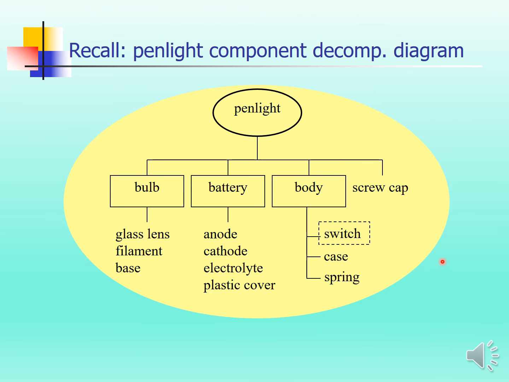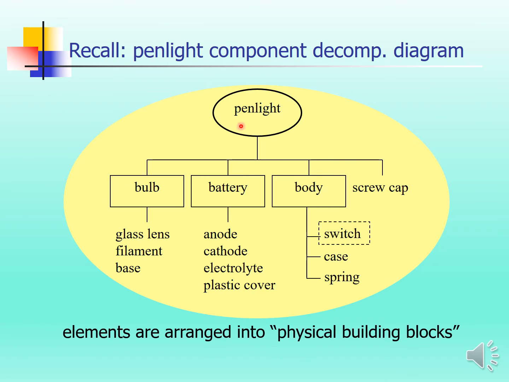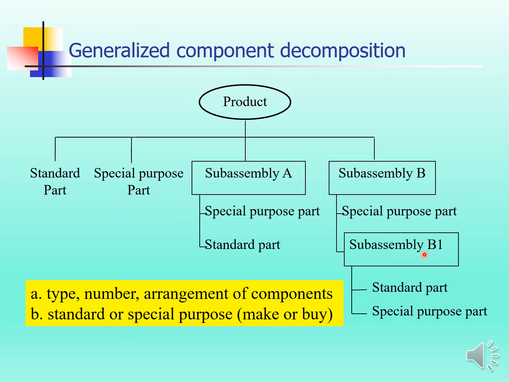Okay, remember, we use the pen light. We have a bulb, battery, and body. This item uses elements as physical building blocks, how to use the blocks. And then from the product, this is the general product architecture.